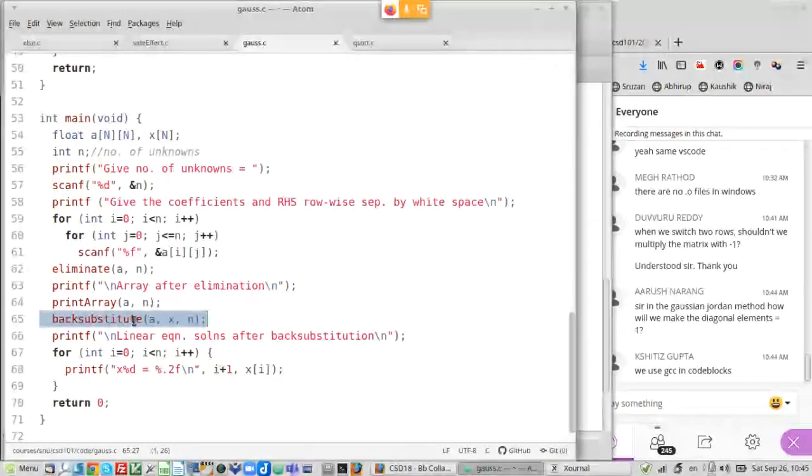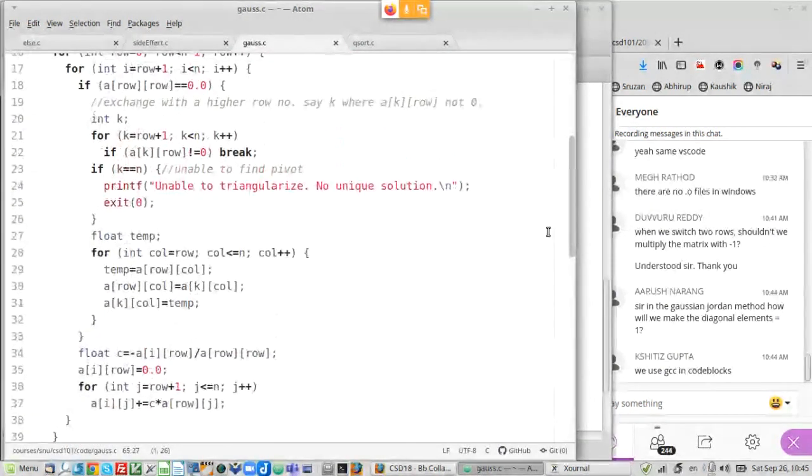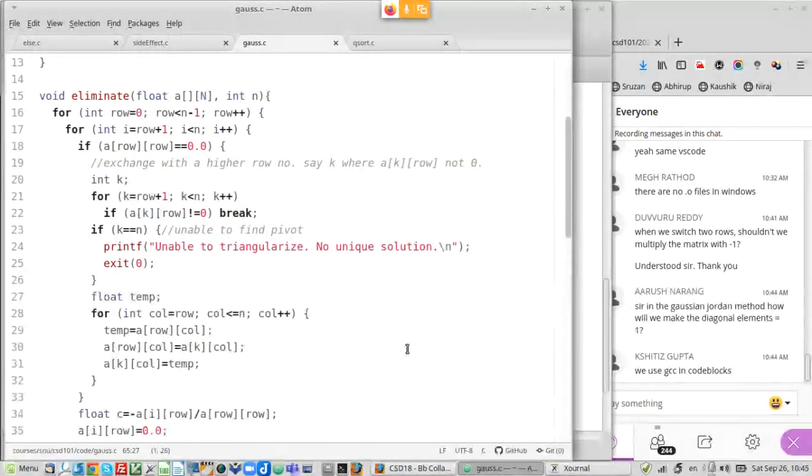Okay, the rest of it is simple reading and writing. So are there any questions on Gaussian elimination?